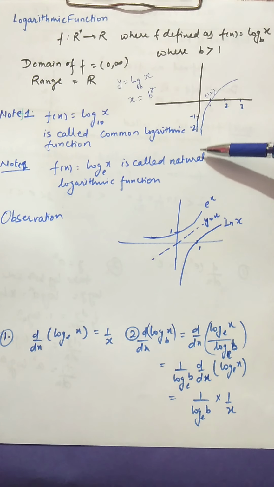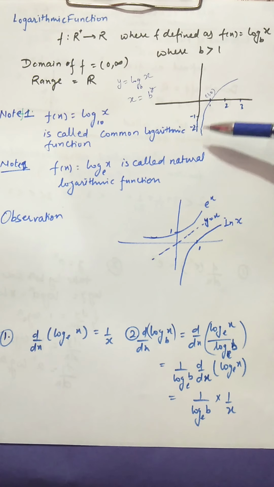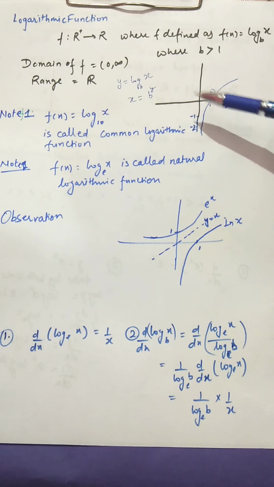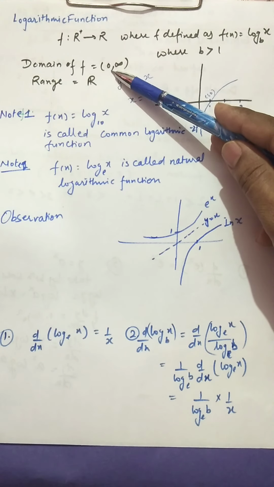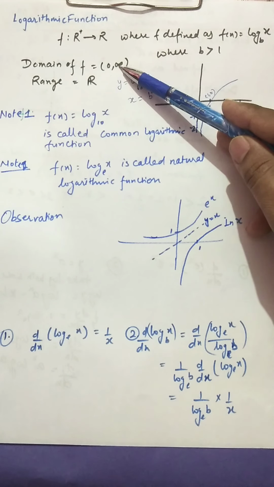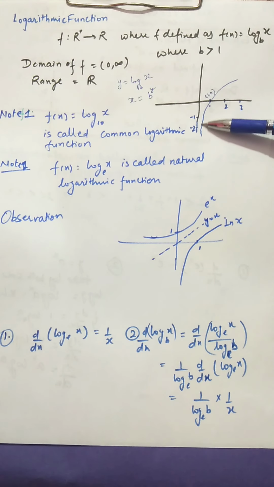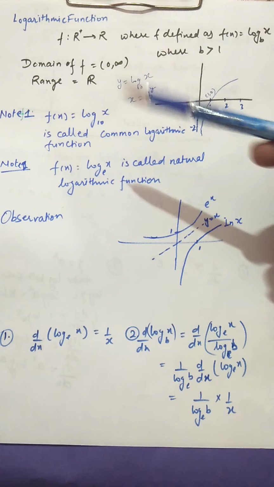It will be very close to the y axis but will never touch it, because if it touched the y axis, it would mean x is 0, but x cannot be 0, as the domain is 0 to infinity. So this graph will never meet the y axis.